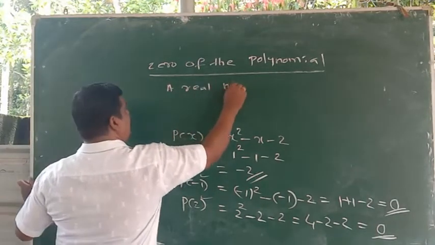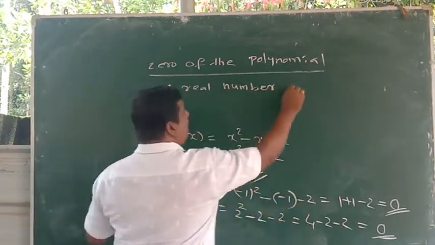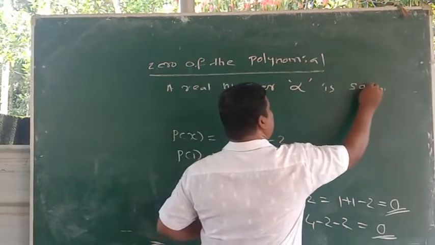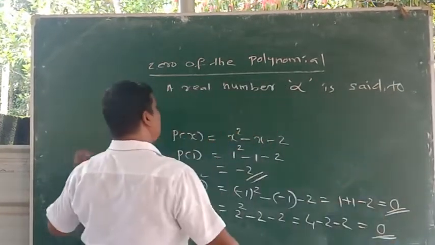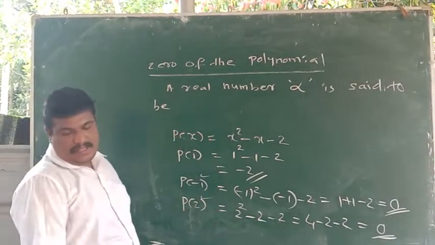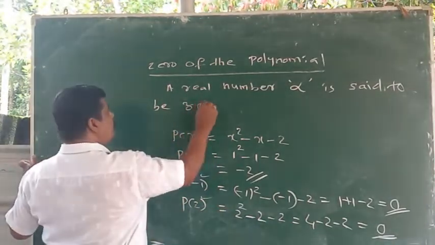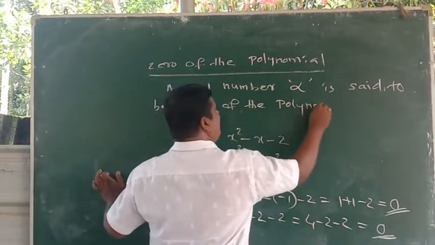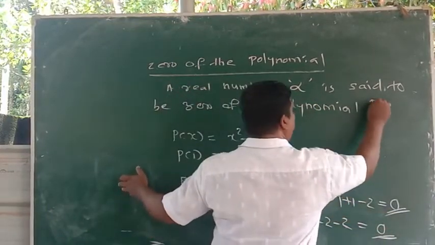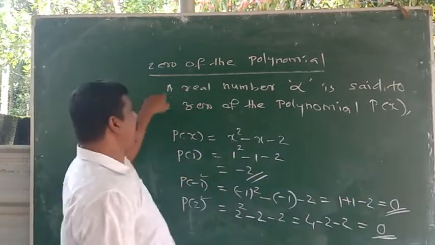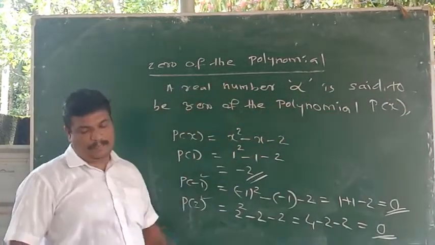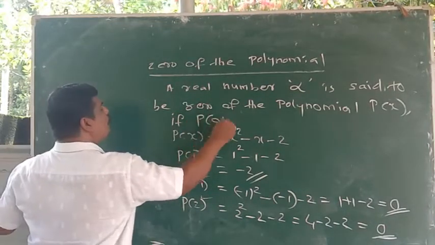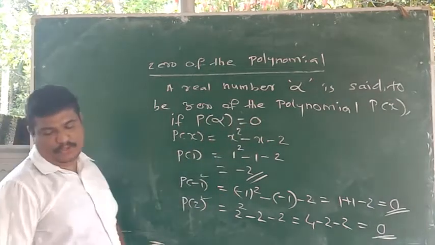A real number, suppose alpha. A real number alpha is said to be a zero of the polynomial p of x, if p of alpha is equal to 0.